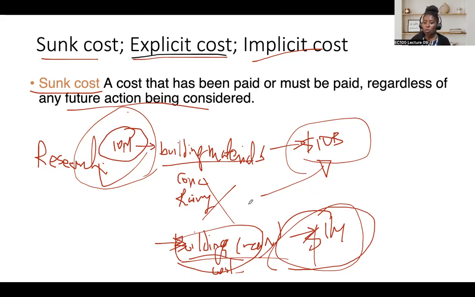Whatever cost you're going to incur, maybe it's going to cost you $500, and then you're going to sell for $1 million, then maybe I'm going to do it. So these are the ones that will predict. But this one, you have already incurred. It's gone.